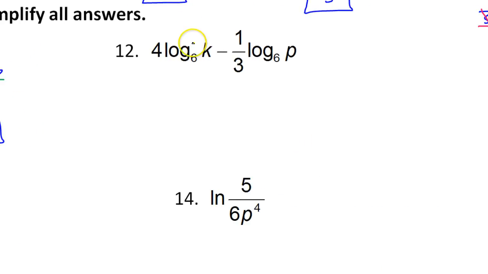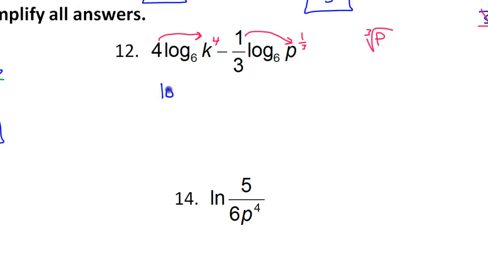We're really going to do the same thing for this problem. Meaning the first thing we do is we'll take these coefficients and make them powers again. Now, don't forget, 1/3 power is really the same thing as the cube root. So watch out for that.